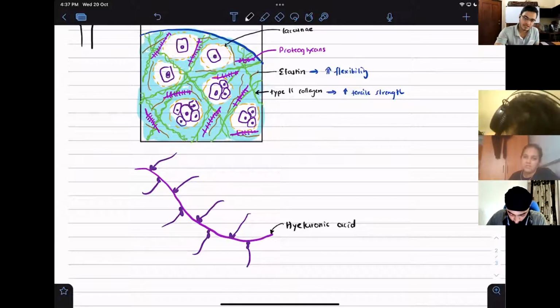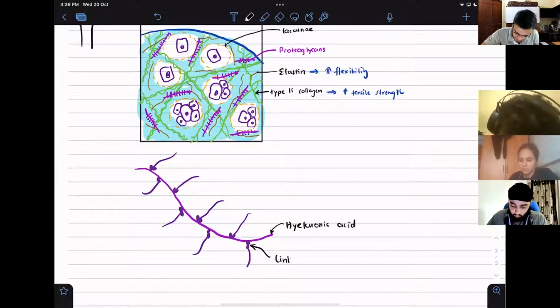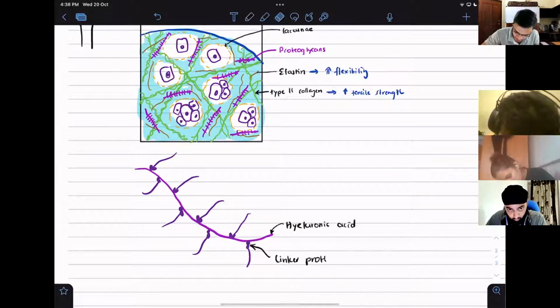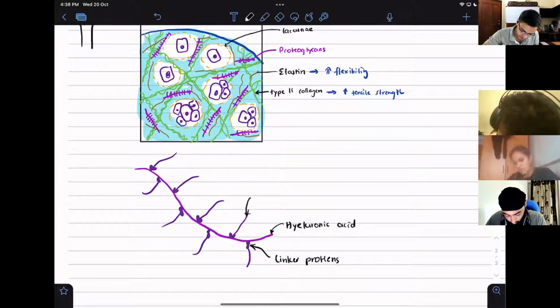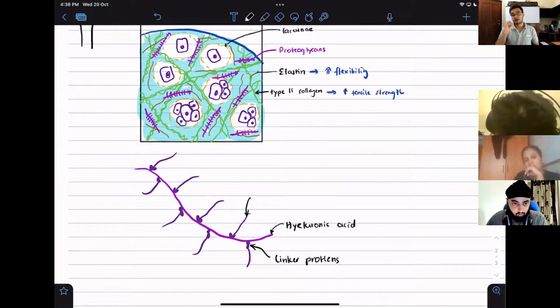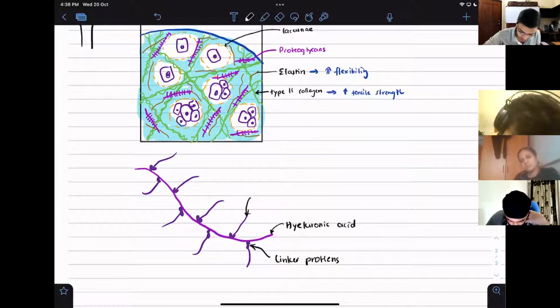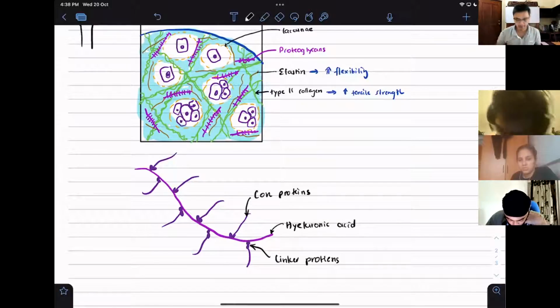Then we have these small circular or ball-like structures. These are linker proteins, guys. They link something onto the hyaluronic acid. What do they link onto this hyaluronic acid? These ones are called core proteins.